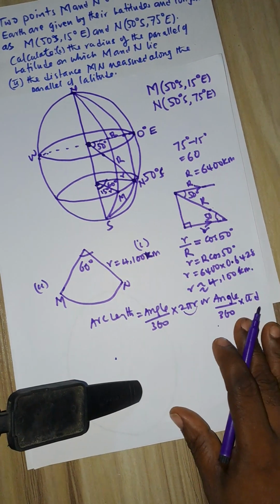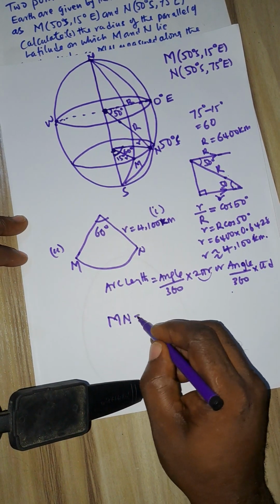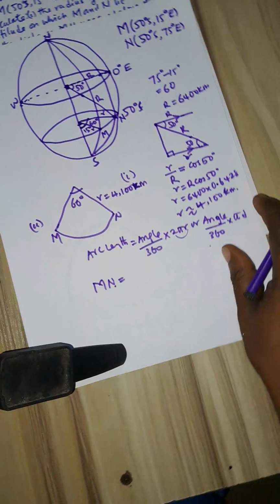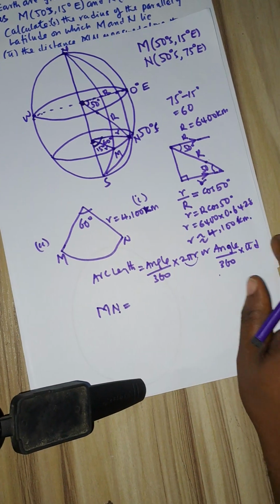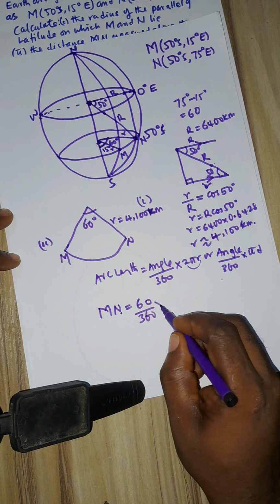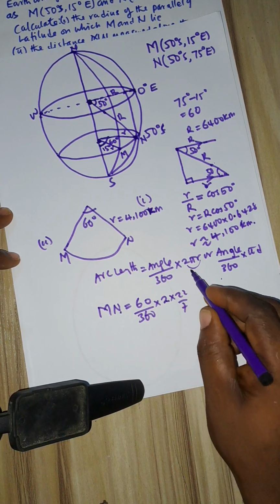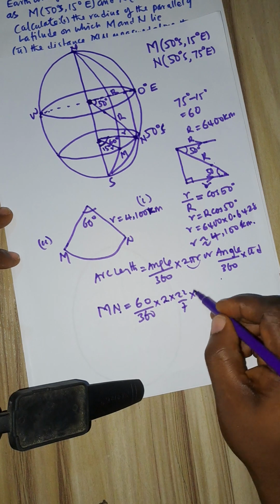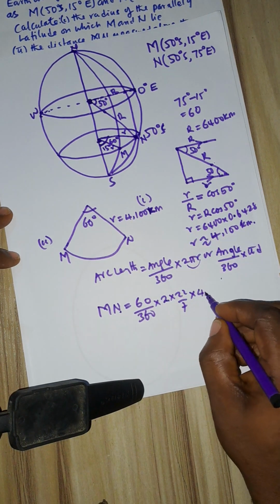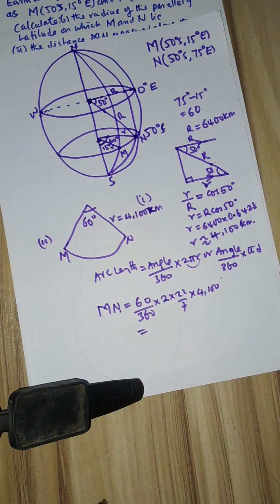So that enables us to write MN equals theta over 360 times 2 pi r. Theta is 60, so 60 over 360 times 2 times 22 over 7 times r, which is 4,100.